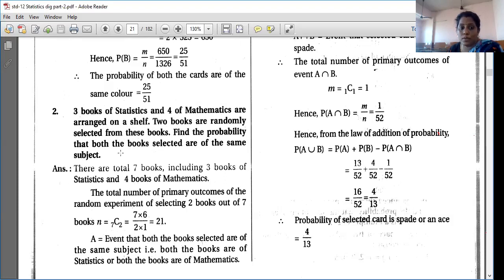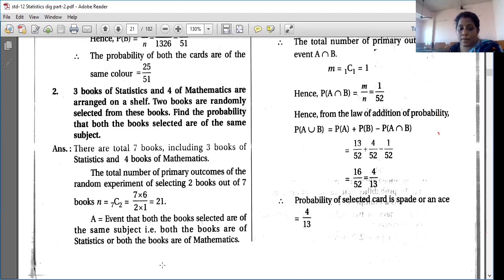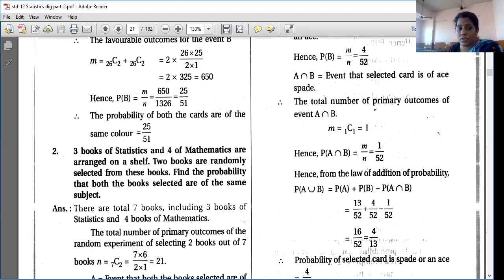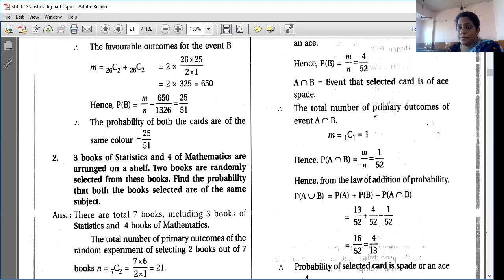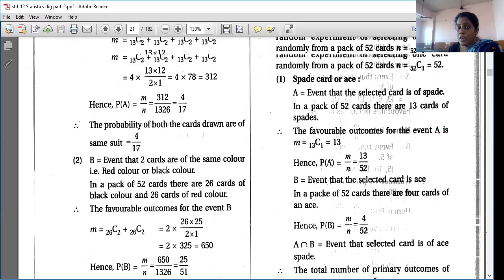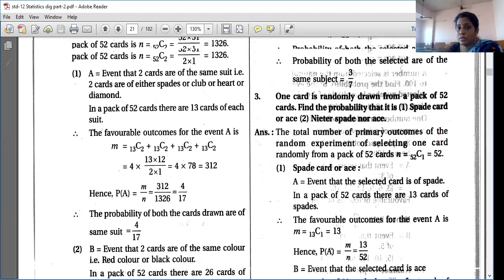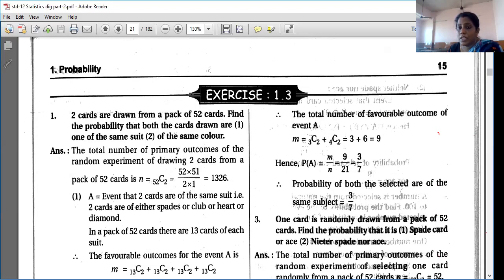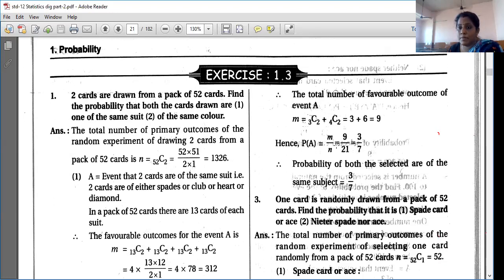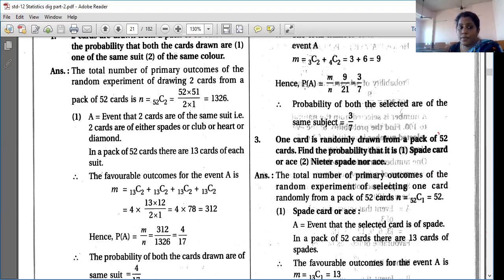So first what you have to find is the probability that both the selected books are of the same subject. So that was the event A. Okay, so both are of the same subject. So 3 of statistics, that is 3C2, and 4 of mathematics, that is 4C2.